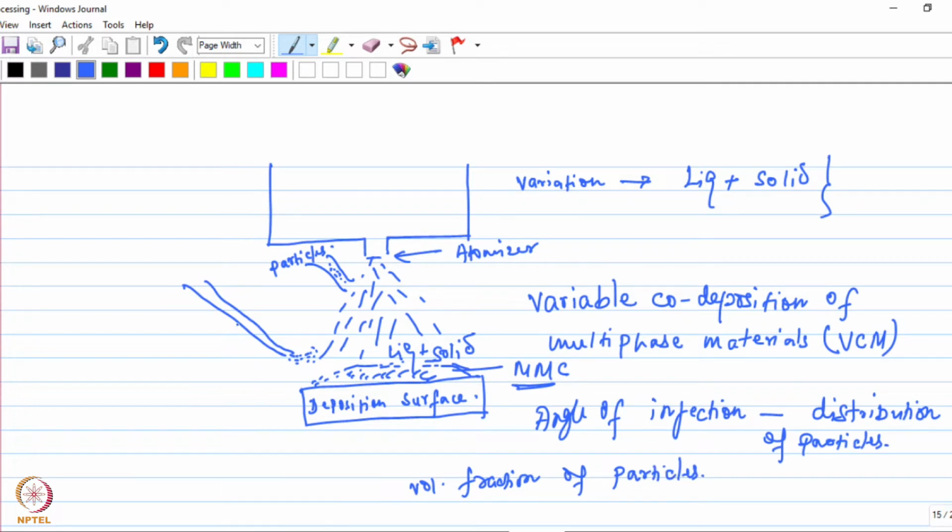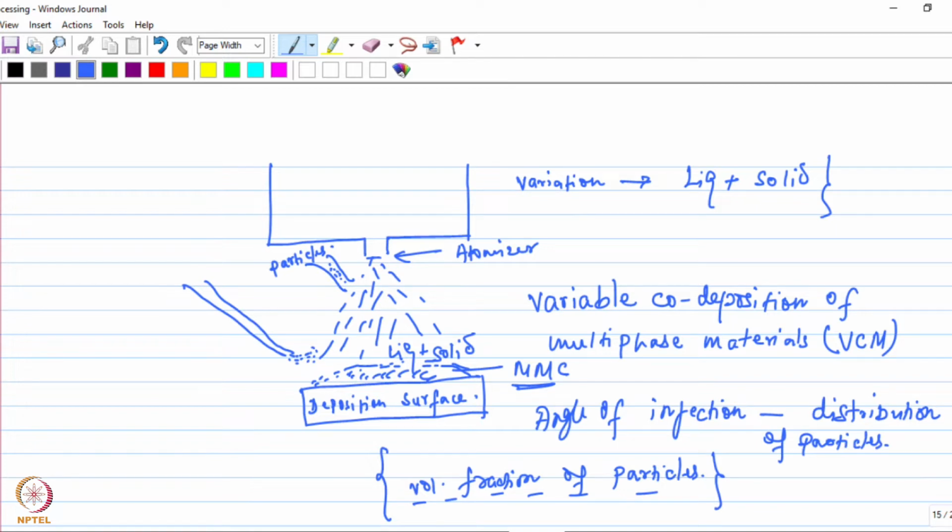Injection angle is nothing but the angle of this particle delivery tube that you have with the axis of this chamber. Okay, so that will have a bearing on the volume fraction of particles as well as on the distribution of the particles in the composite. So with the help of this one single parameter, it is possible to exercise a great deal of control on this process in terms of the amount or the volume fraction of particles that can be added in a particular composite. So this was about VCM process.